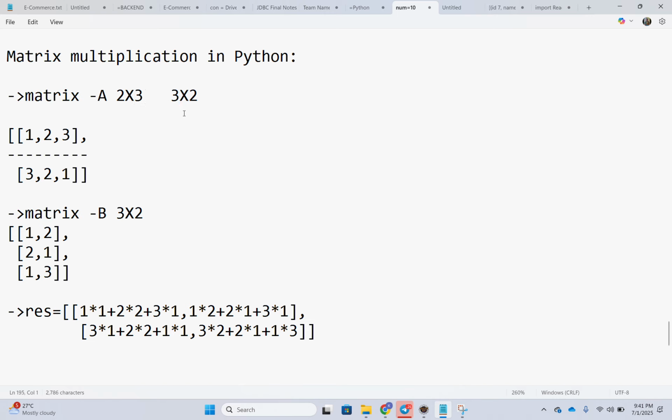After that, the resultant matrix size will be matrix A rows followed by matrix B columns. But if you are performing any addition or subtraction operation, both matrices must be equal in size, then only we can perform addition and subtraction.